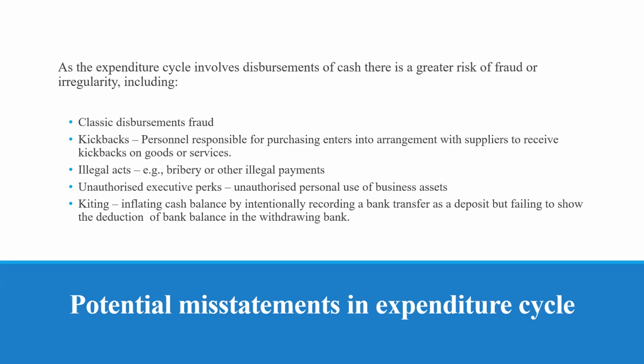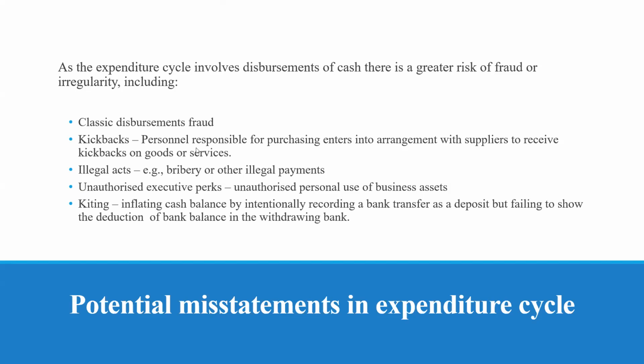In the purchase cycle, especially for the cash disbursement area, and actually it's not just about cash disbursement, it would also extend to the initial purchase. So what are those typical frauds or irregularities?